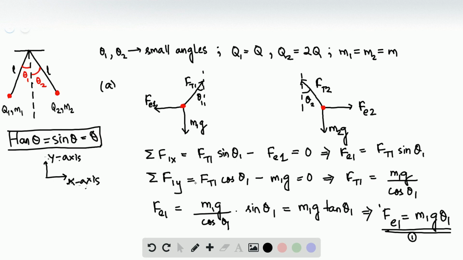Now since the Fe1 and Fe2 are the forces of repulsion on mass m1 and on mass m2 because of each other, they should be equal.